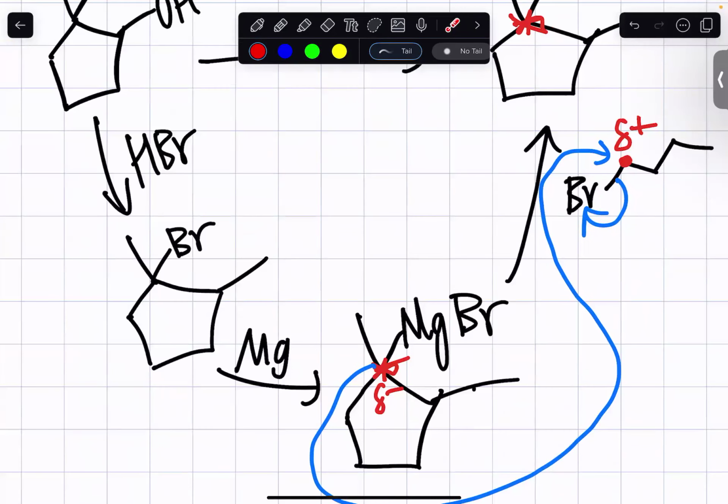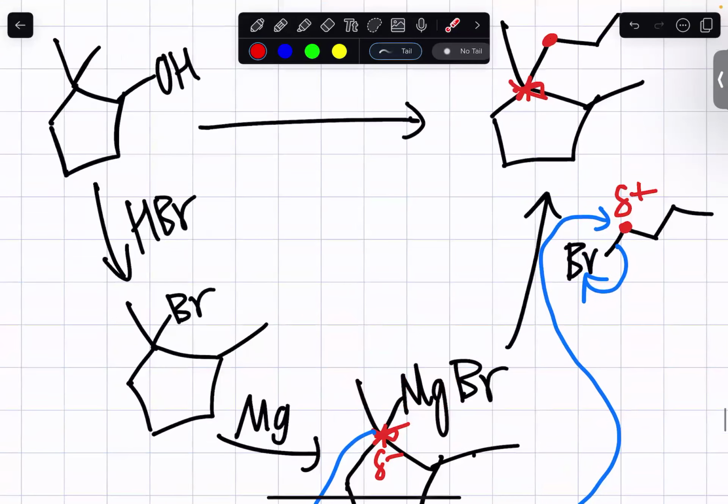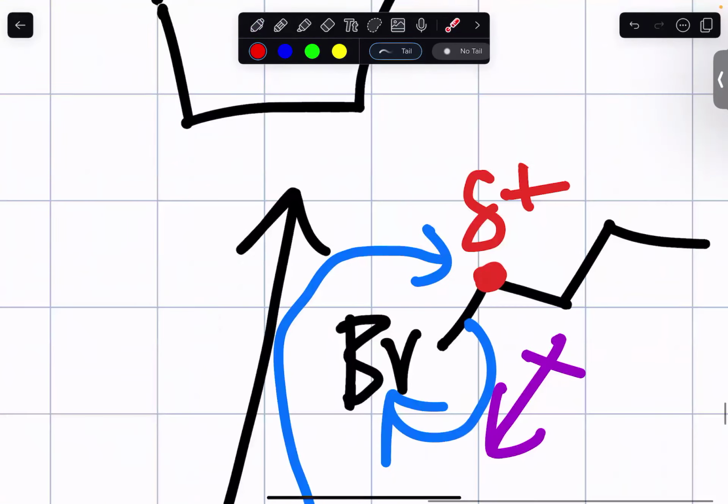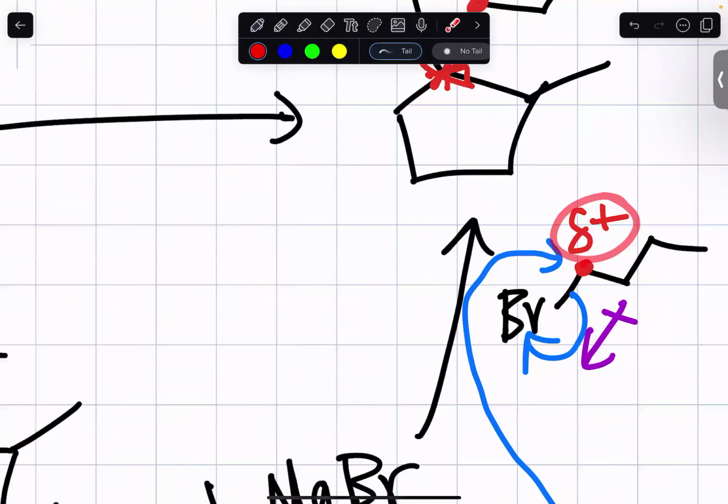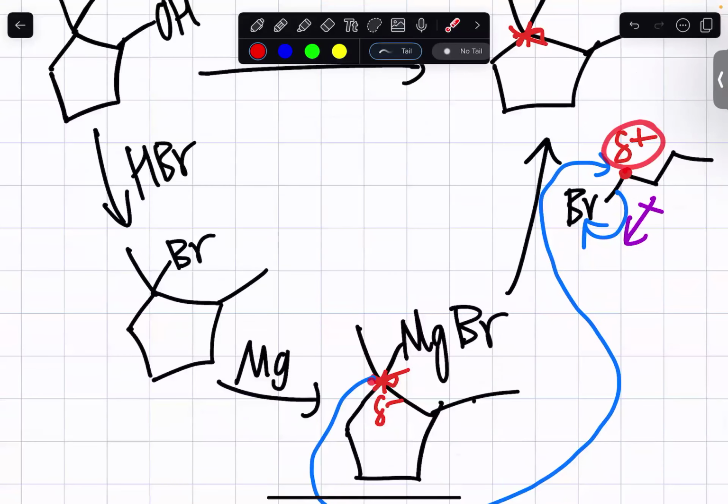You notice how this carbon here attached to the Mg is the partial negative charge, the nucleophile? That nucleophile wants to look for an electrophile to attack. So this carbon here is positive because bromine is electronegative, stealing electrons from that carbon. As that carbon loses electrons, it becomes more positive. So that's why this negative nucleophile is attracted to that positive electrophile.